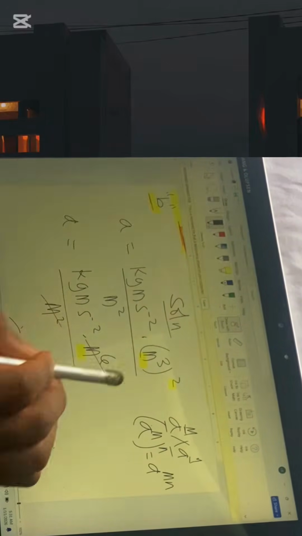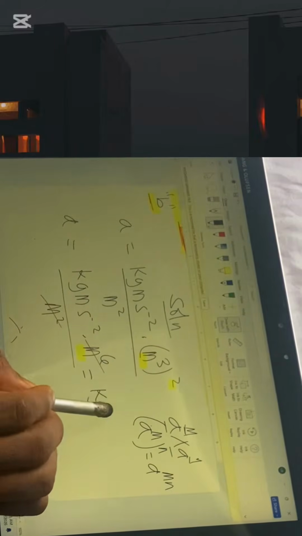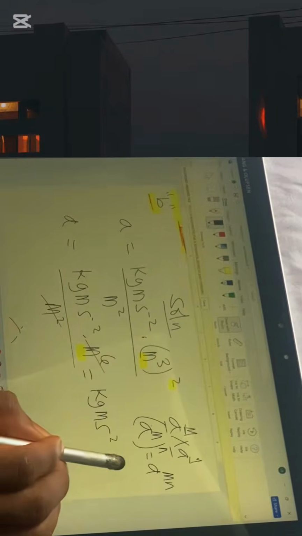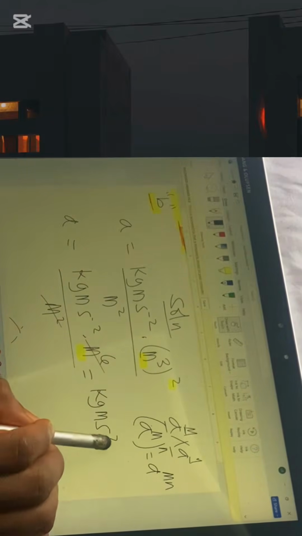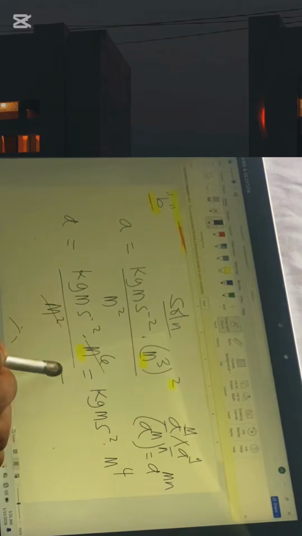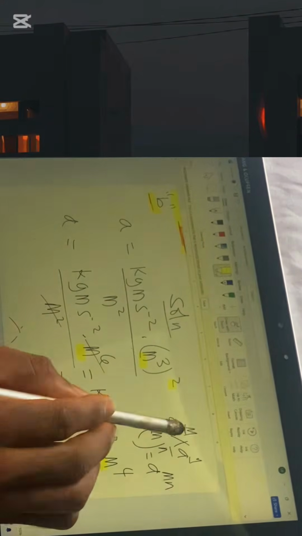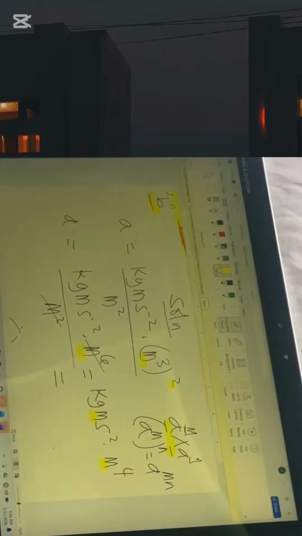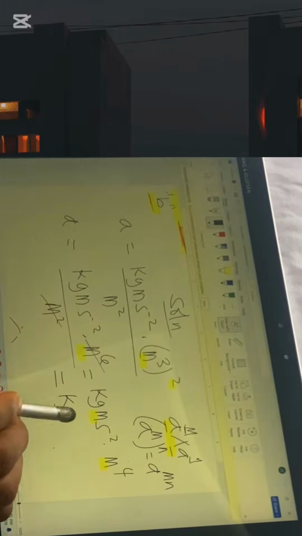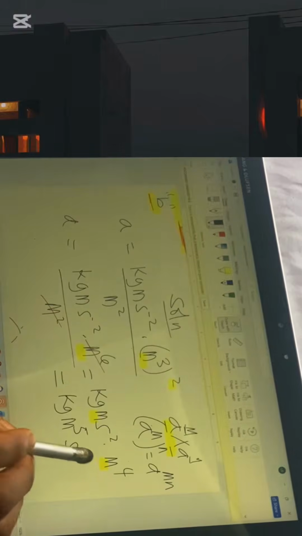So when you do that, I will have kg meter per second square times meter raised to 4 here. Okay, so applying the law of indices here, this is m and this is m, just like this law here. So I will have this to be kg m raised to the power of 5 per second square.